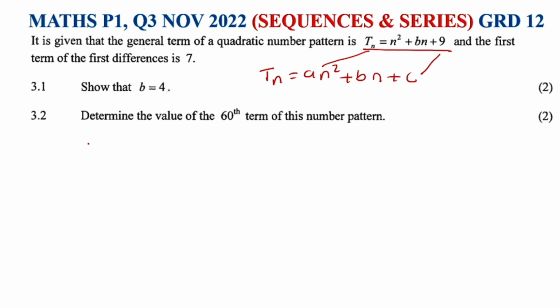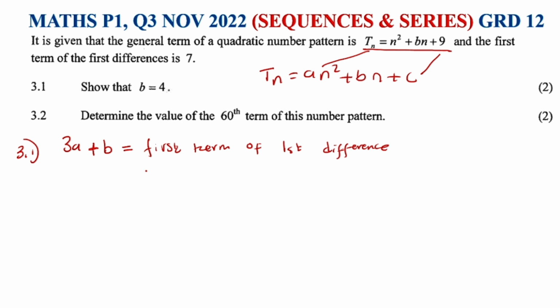From a quadratic sequence, 3a + b should be equal to the first term of the first difference of that given pattern.